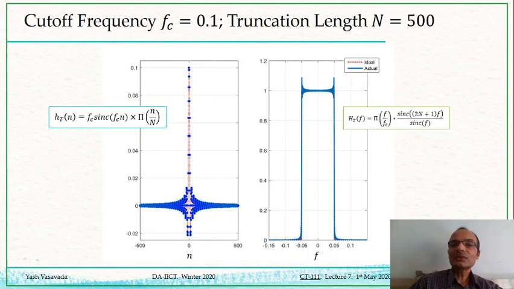Now it looks almost like the rectangular pulse that I wanted, except the height of the ripple is refusing to die down. The ripples themselves become very thin now, and the overall shape does look a lot like the ideal rectangular shape, but there will still be this Gibbs phenomenon happening at the edges.